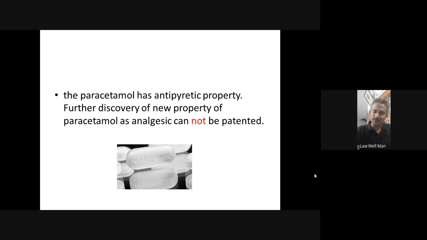If it is effective for ringworm also, the person who says that is not finding anything new, in the sense that he's not technologically doing anything. He's not making any new substance or any kind of mixture. He's just finding out a new property, a new function of an already existing, already known substance.